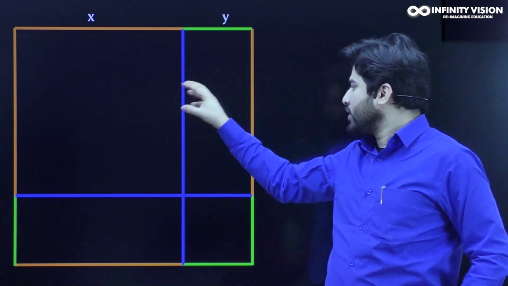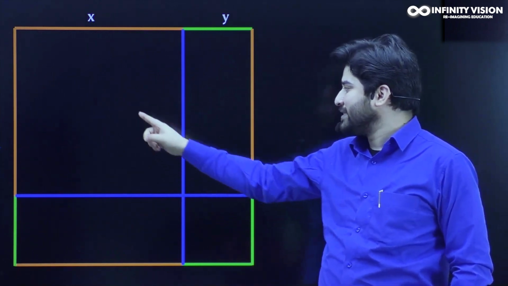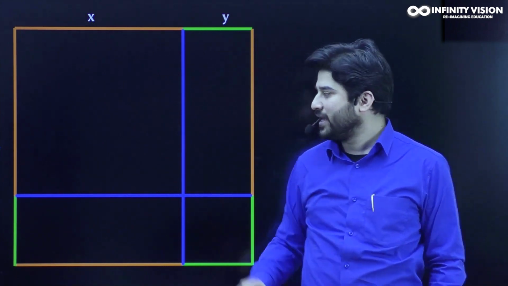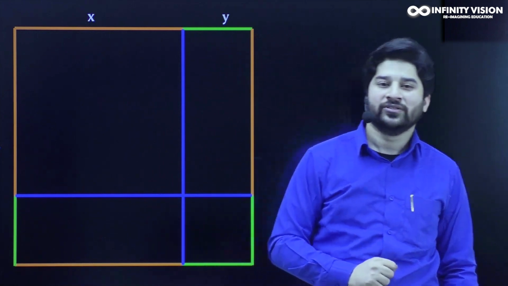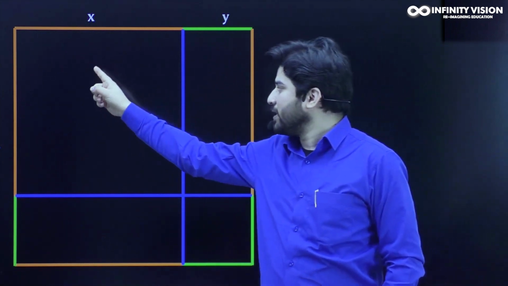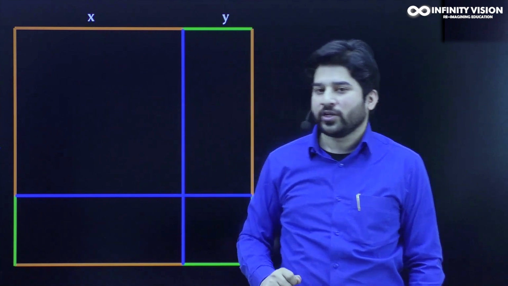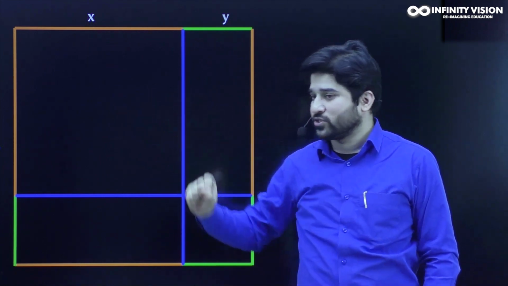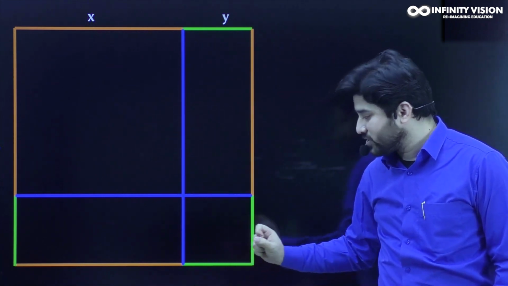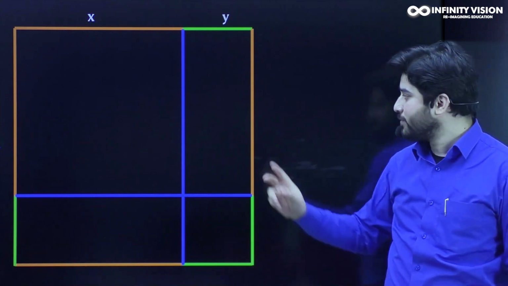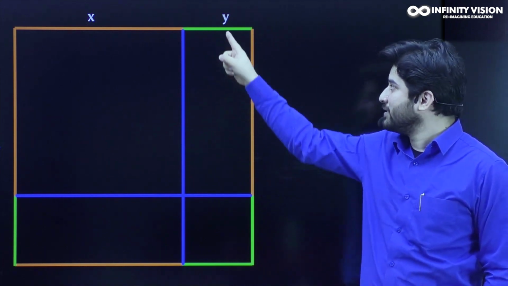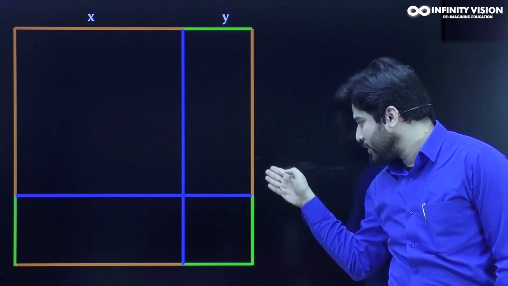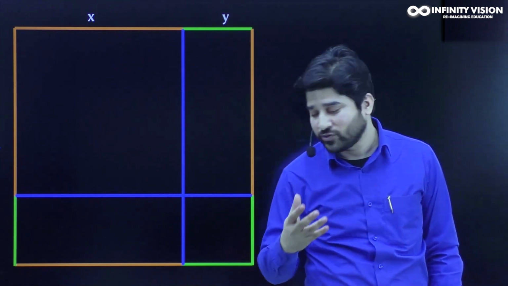Now, when you are looking into these four regions, you clearly see that these two are squares and these two are equal rectangles. If anybody asks you what is the area of this square, you are going to say x into x, which is x square, and the area of this square is going to be y into y, which is y square. If you look into this rectangle, the breadth being y, the length being x, so the area is going to be xy.